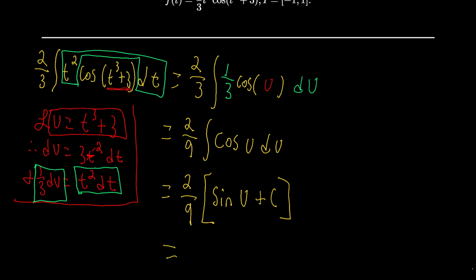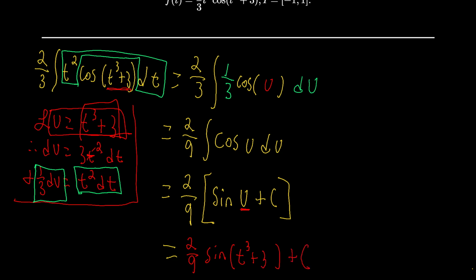And then the only thing you have to do to finish is remember that this u needs to be subbed back in for whatever u was. This guy right here, t cubed plus 3. So your final answer is going to be 2/9 the sine of, and instead of writing u, we write back what u was, now that we're done with the u substitution part: t cubed plus 3. How do you know when you're done with the u substitution?